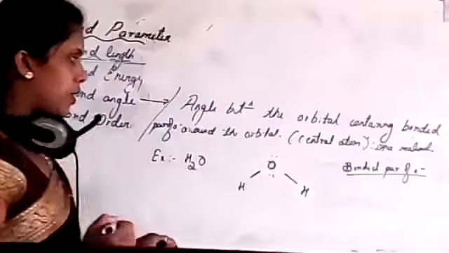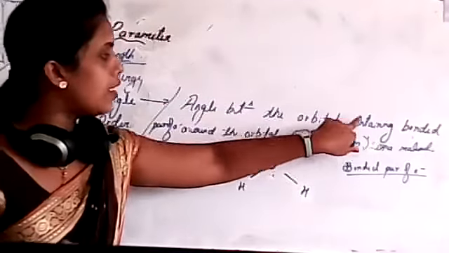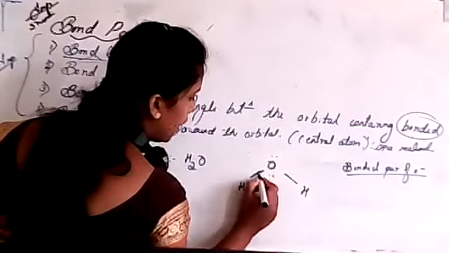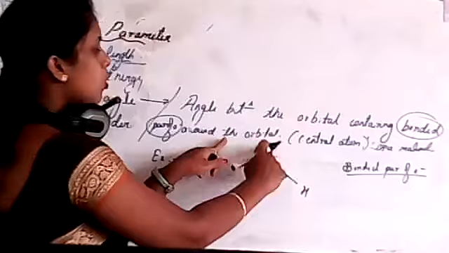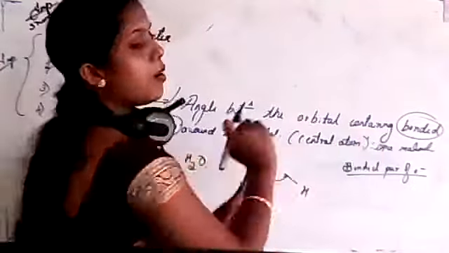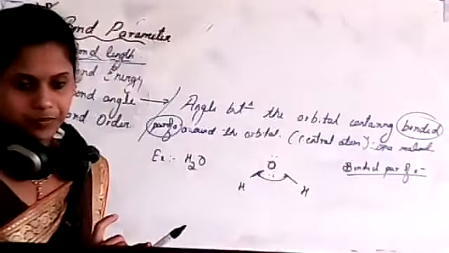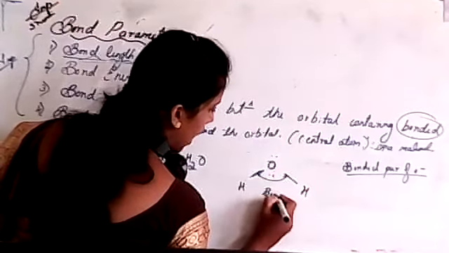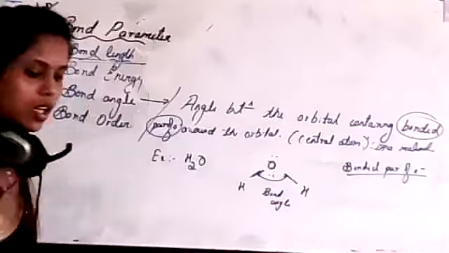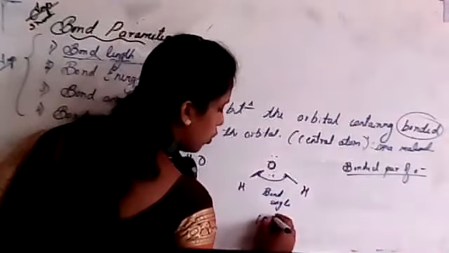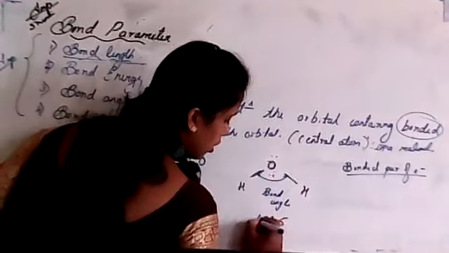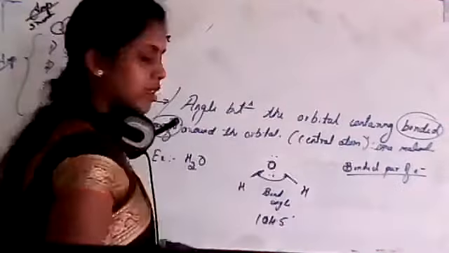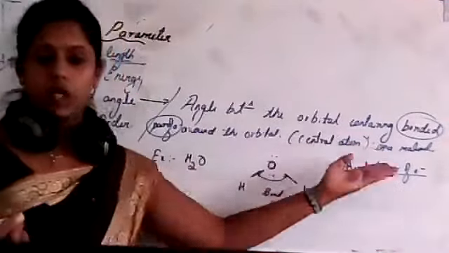So the angle between the orbitals containing the bonded pairs of electrons around the central atom in a molecule is your bond angle. For water, it is around 104.5 degrees.